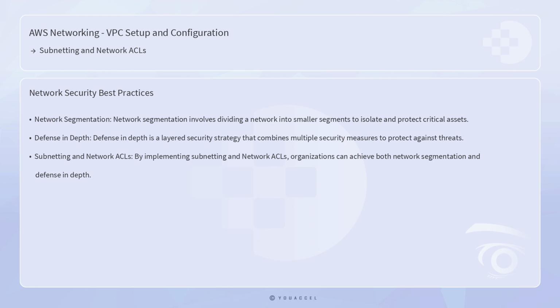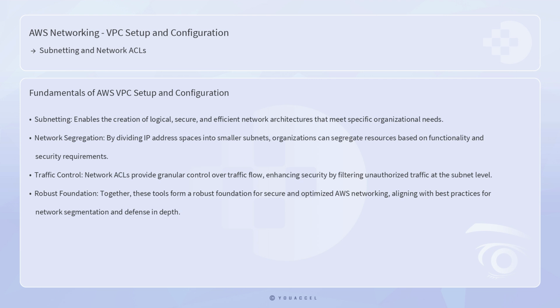In conclusion, subnetting and network ACLs are fundamental components of AWS VPC setup and configuration. They enable the creation of logical, secure, and efficient network architectures that meet specific organizational needs. By dividing IP address spaces into smaller subnets, organizations can segregate resources based on functionality and security requirements.